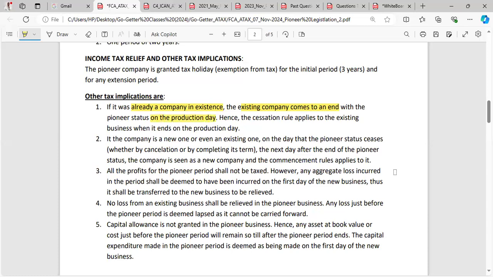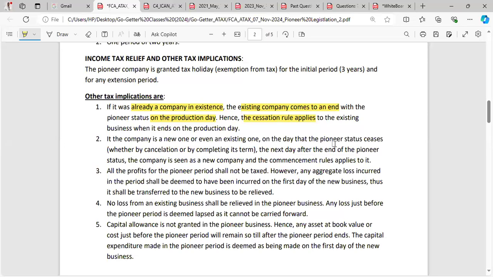Now, this means that the company will experience cessation of business. I said before that sometimes when they want to test your application of the commencement and cessation rules, they can use pioneer. So it means that the cessation rule will apply to the existing company when it ends on the production day.